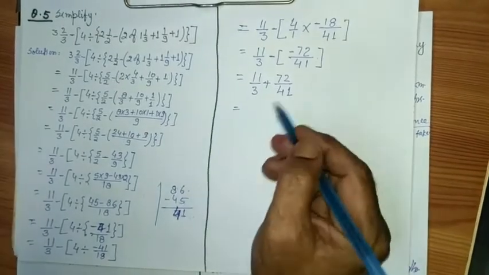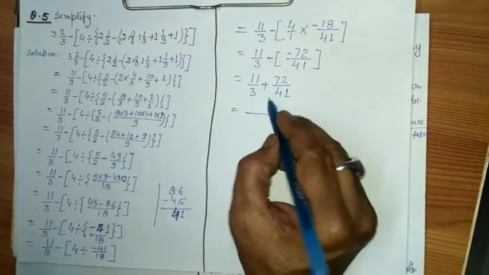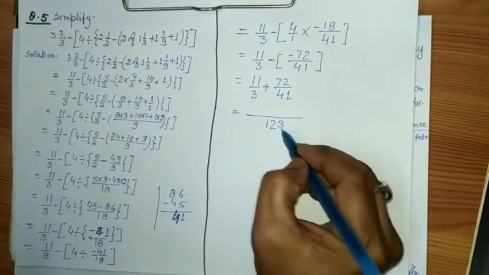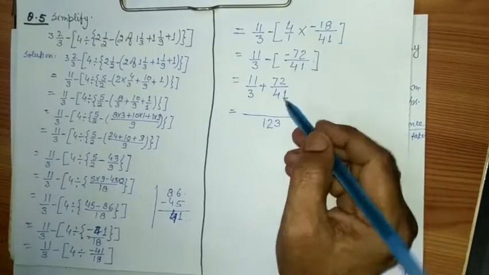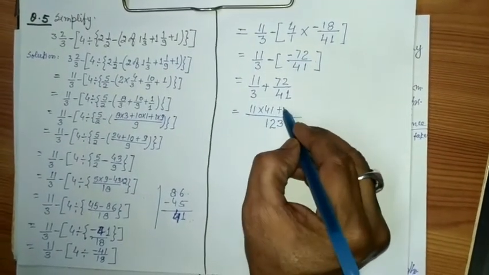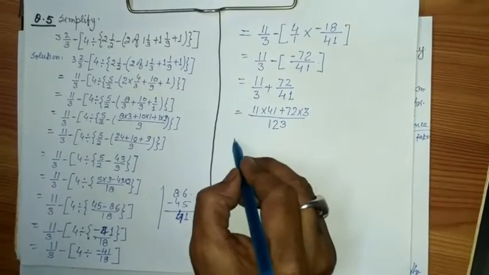Equal to LCM of 3 and 41. 3 ones are 3, 3 fours are 12, 123. 11 into 41 plus 72 into 3.